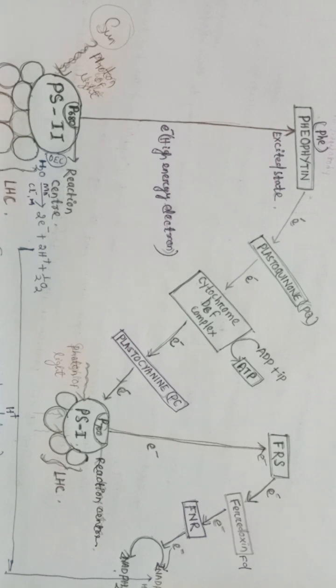When one molecule of water is split in the presence of sunlight, then half molecular oxygen is produced. So, to produce a molecule of oxygen, 2 molecules of water are split.